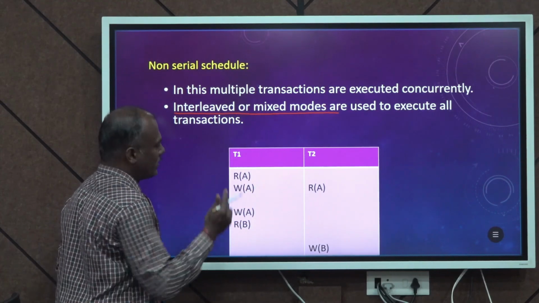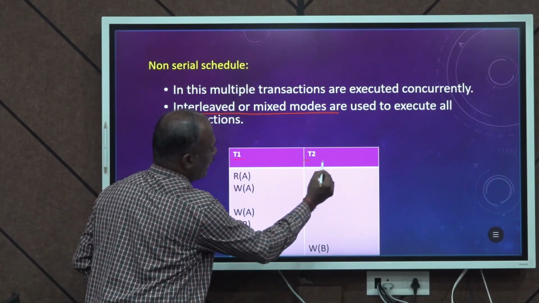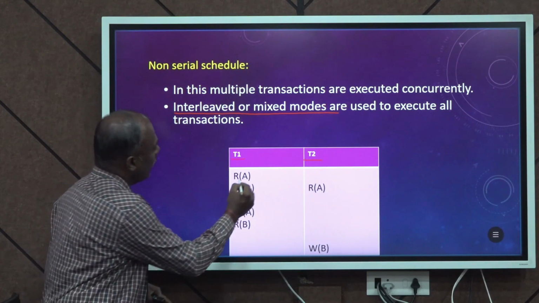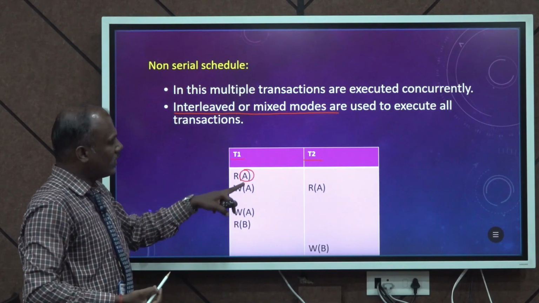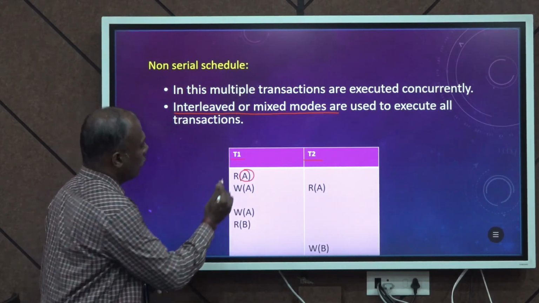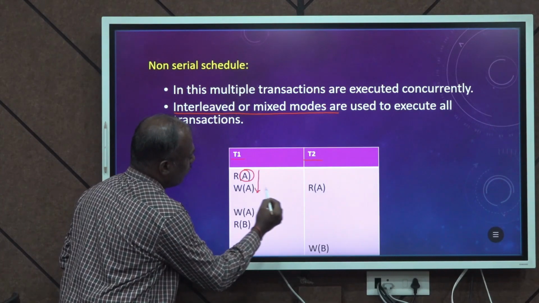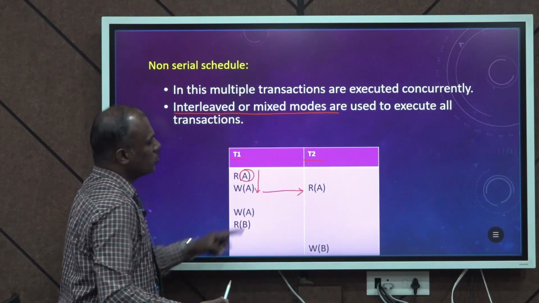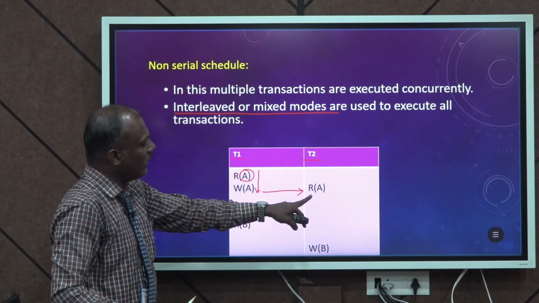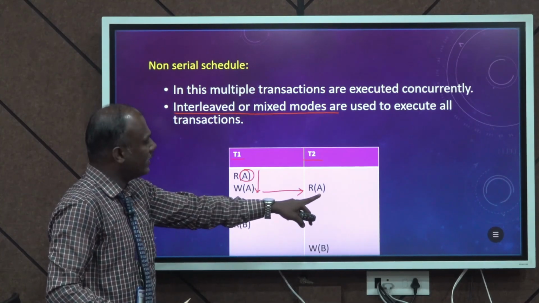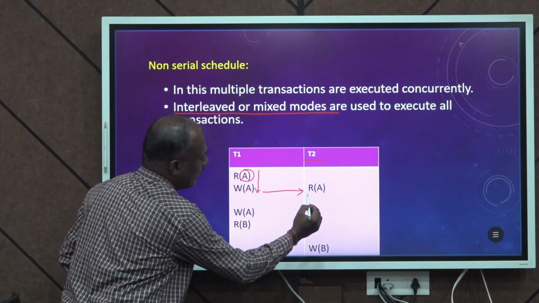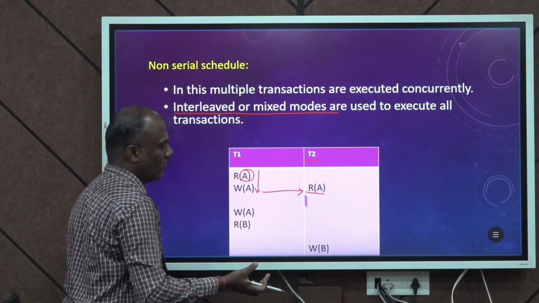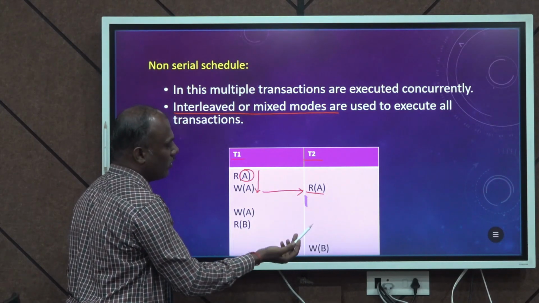Here two transactions are mentioned, T1 and T2. In T1, read and write happen for the operand A. We can say operand or data item. Once the control is over for the transaction T1, the control moves to the transaction T2. In T2, only the read operation is mentioned for the data item A. Read means that a write should happen, but it is not mentioned here.